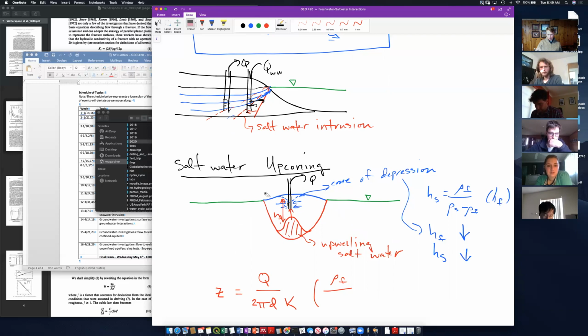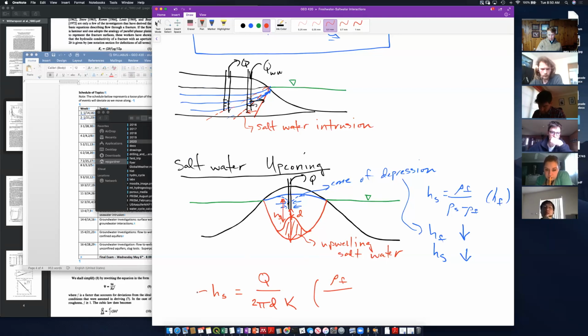What else did I just erase? D is the original depth of the interface beneath the well, and H sub S is the new depth.